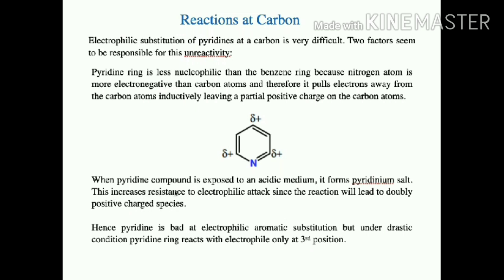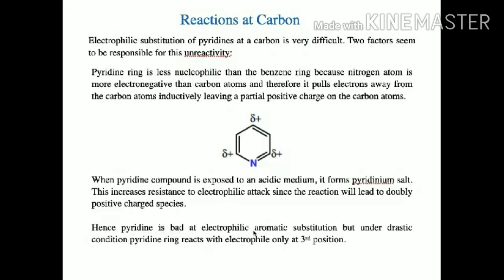So if we carry out the reaction in acidic medium, it forms a pyridinium salt, which has a positive charge already, and obviously it is going to resist electrophilic attack. So these are the two important factors which make electrophilic substitution at carbon very difficult.